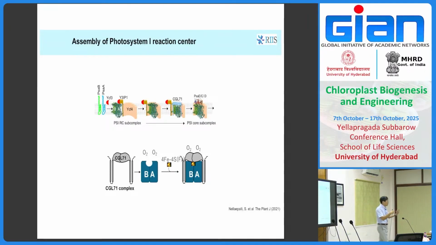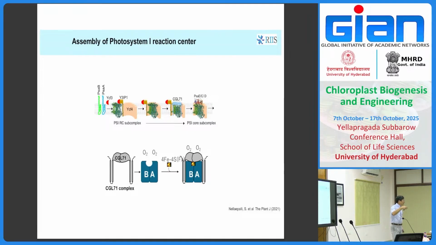But before PsaC, D, E assemble onto the reaction center, this Fx could be exposed to oxygen. So CGL71 binds to this region.